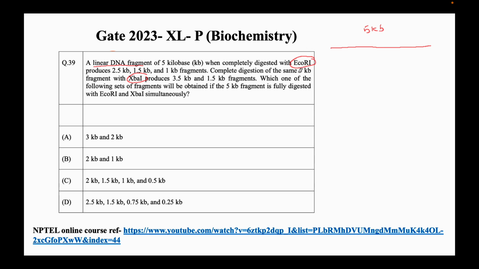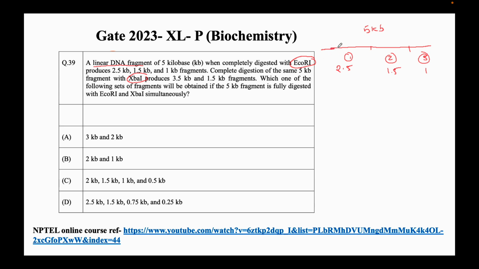When EcoR1 is used, it gives us three fragments, 2.5, 1.5 and 1 kb, approximately these are the sizes.